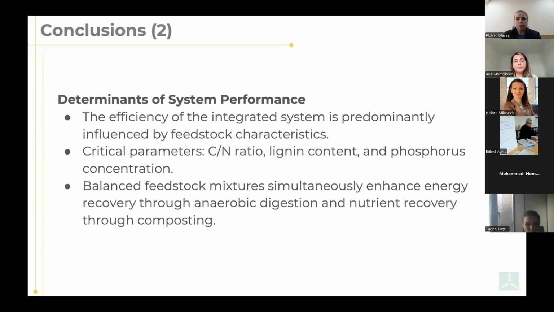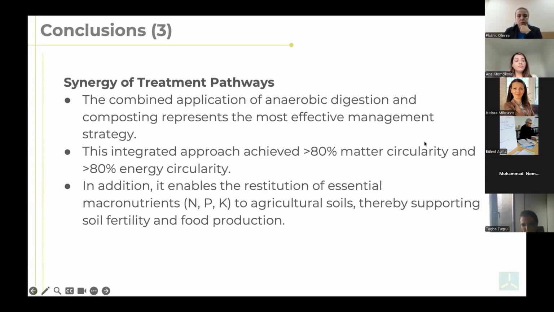Also, there are determinants of system performance. There should be balanced feedstock mixtures. Also, we need to have more than one biochemical treatment option. There are critical parameters such as C/N ratio, lignin content, and phosphorus concentrations. Then, as I have mentioned before, synergy of treatment pathways.